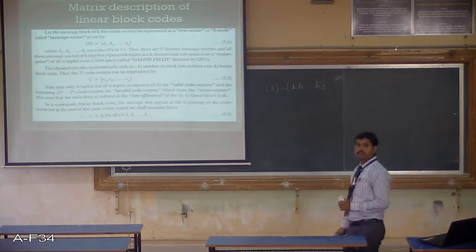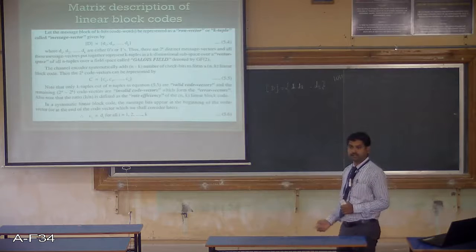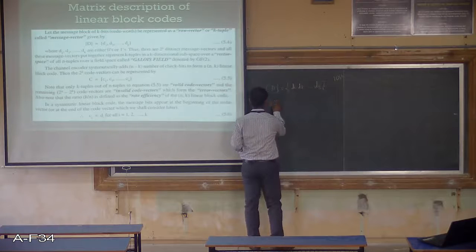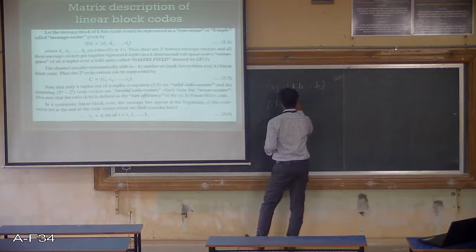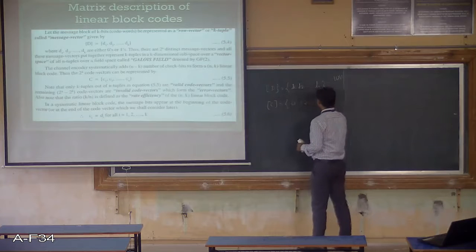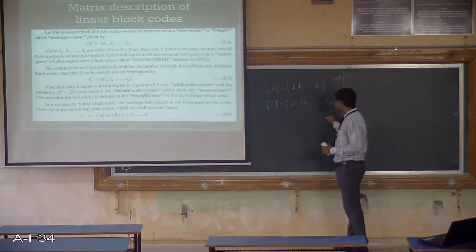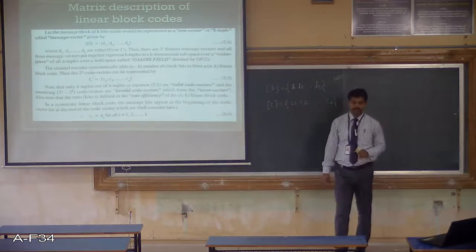Then the code vector C is C1, C2, so on up to Cn, where C1 is the first bit of the code word, C2 is the second bit of the code word, and n is the last bit of the code word.